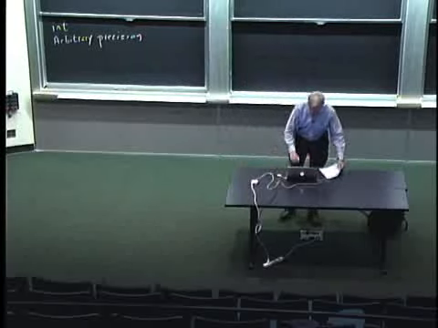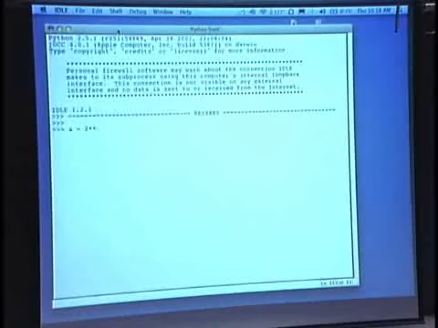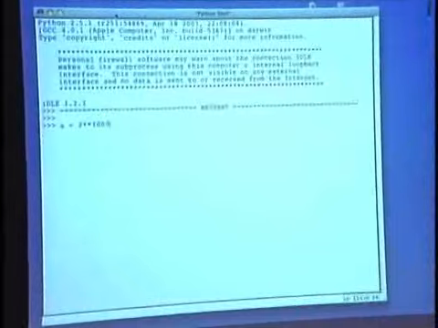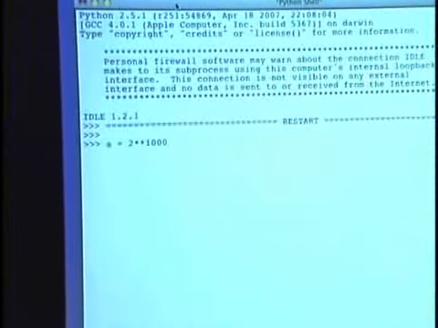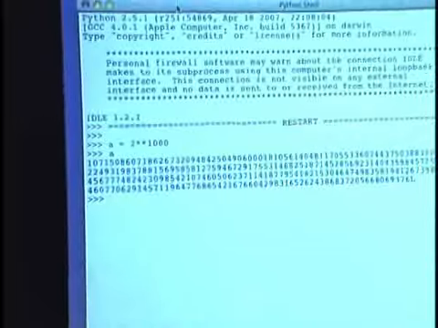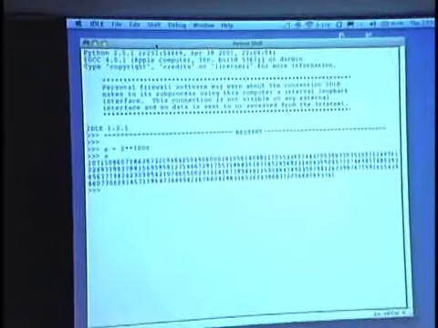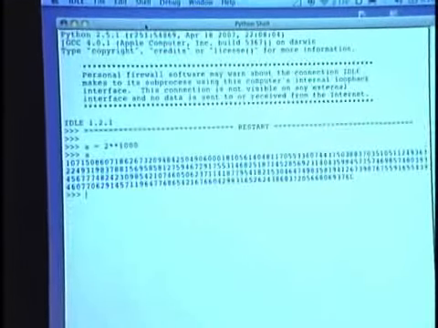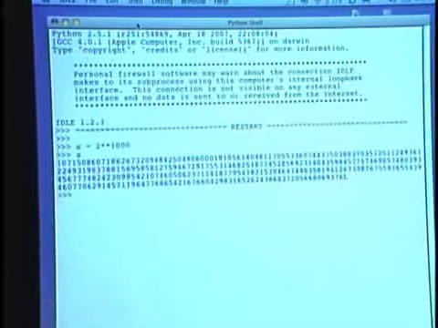Let's look at an example. We'll just take a for a variable name, and we'll set a to be 2 raised to the 1,000th power. That, by the way, is a really big number. And now what happens if we try and display it? We get a lot of digits. You can see why I'm doing this on the screen instead of writing it on the blackboard. I'm not going to ask you whether you believe this is the right answer.